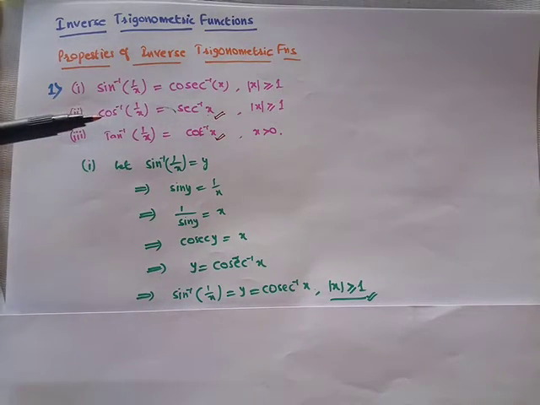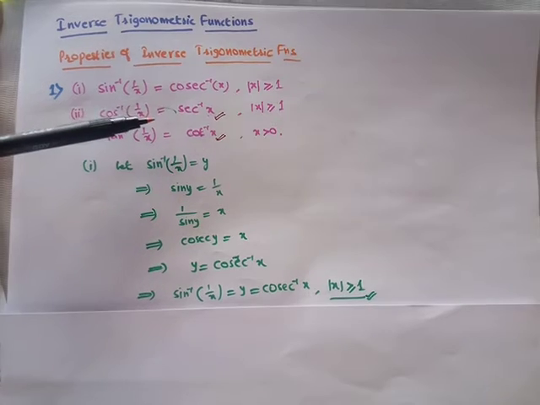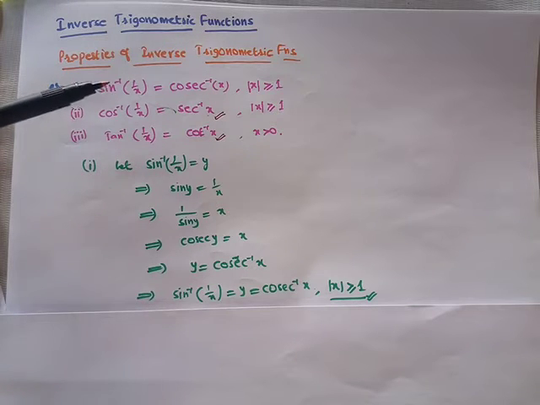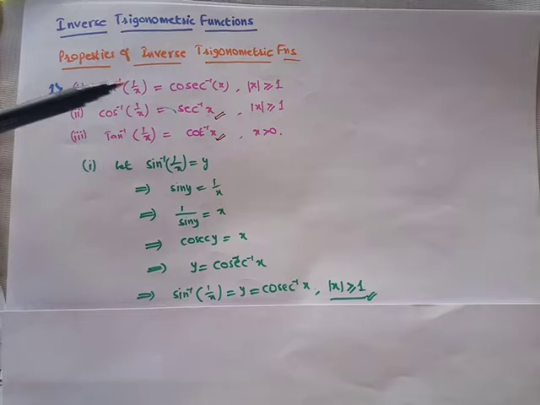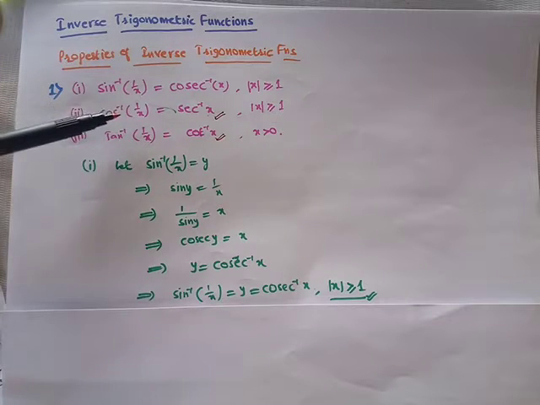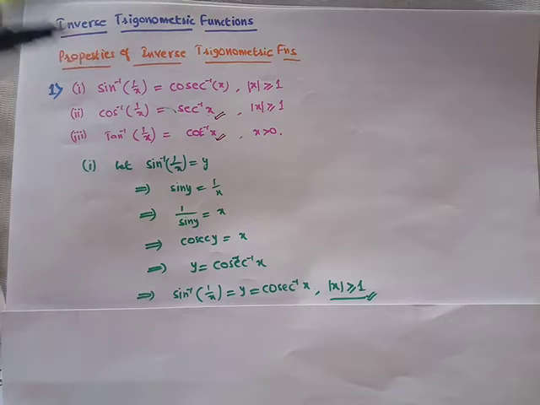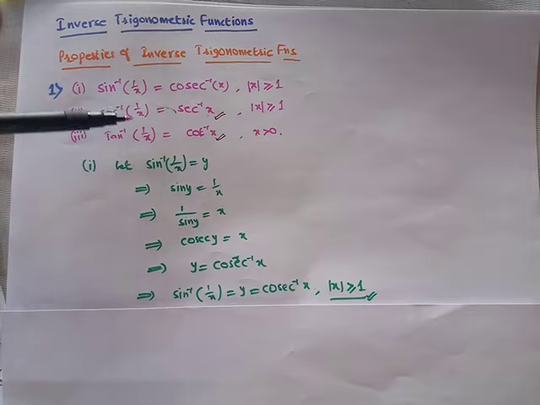Same way, cos inverse of 1 by x is equal to secant inverse of x. Tan inverse of 1 by x is equal to cot inverse of x. And it is easy to remember: sine and cosec are reciprocals, cos and secant are reciprocals, tan and cot are reciprocals. But the reciprocal is coming inside of the angle here.